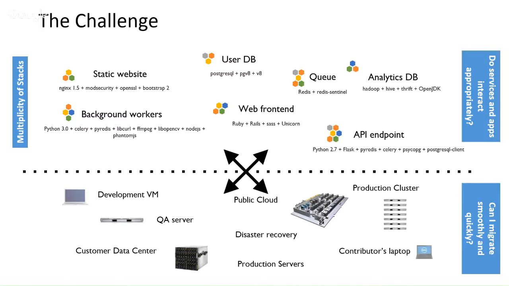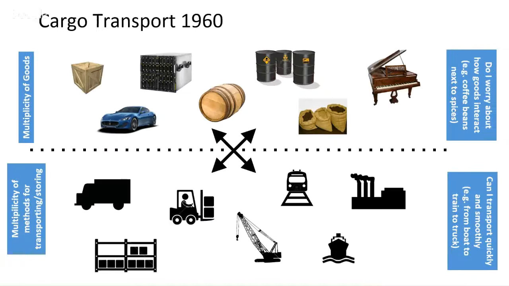So we will have a look at the cargo industry in the 1960s. It also had different kinds of goods like cars, barrels, wood, cartons and bags. When it comes to the mode of transportation and storing, it was really hard because different kinds of cargo have different shapes and sizes, and it was really hard to store them in a single location.